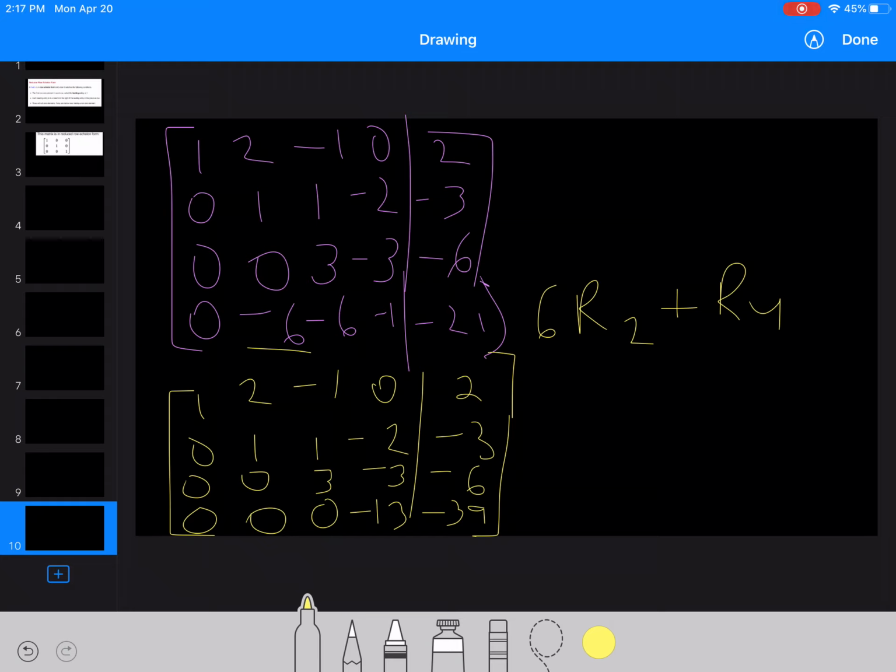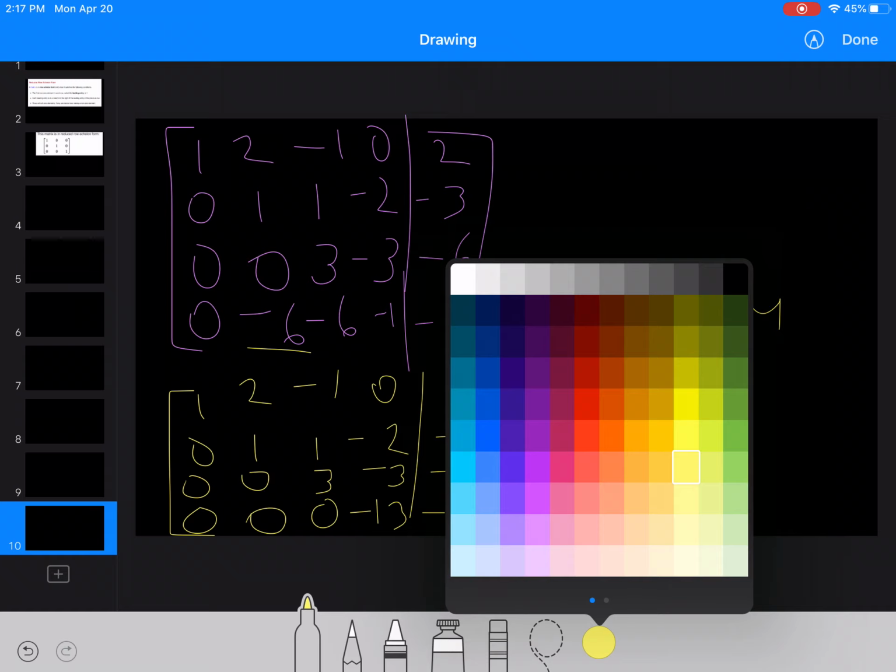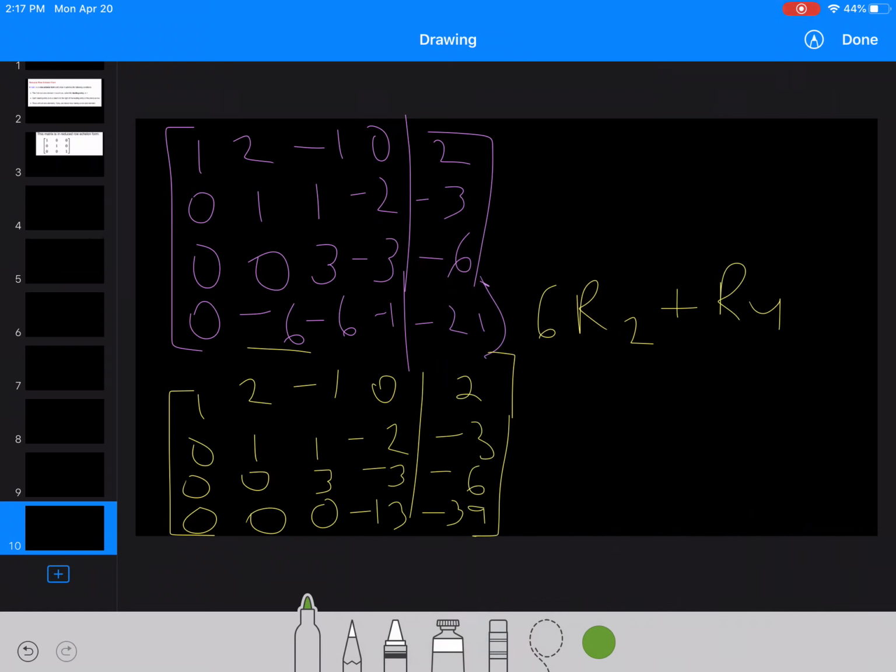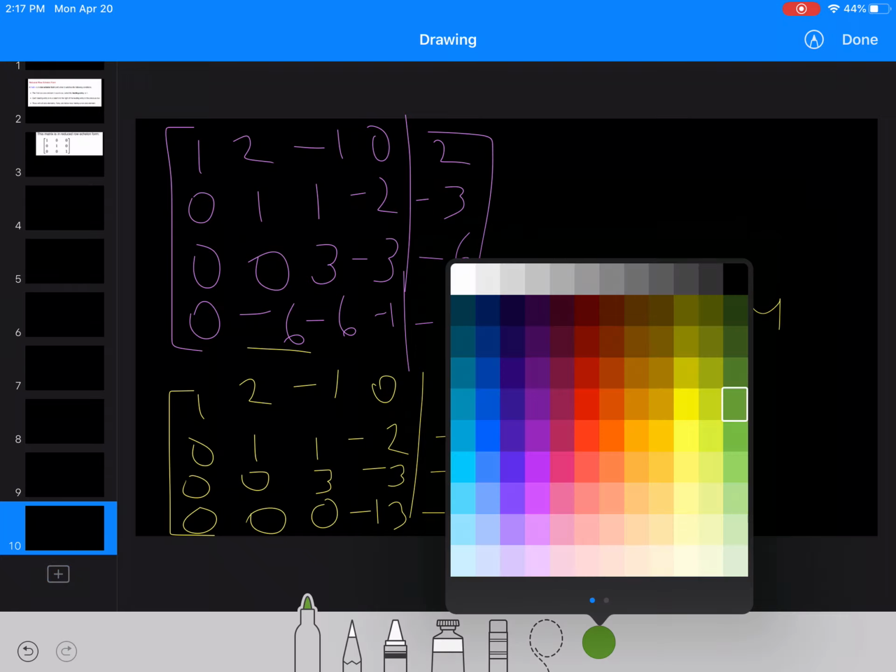The only thing I see here on R3, I have a 3 there, and I want that to be a 1. And on R4, I have a negative 13, and I want that to be a positive 1. So what we need to do here is multiply R3 by 1/3.